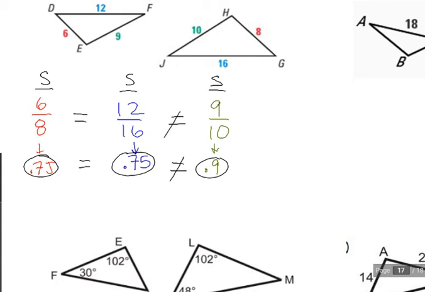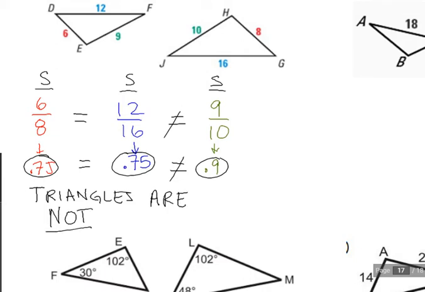That makes them proportional. And so the triangles are not similar, and that's a conclusion you could reasonably reach. Like if it doesn't meet the shortcut, man, it just doesn't meet the shortcut.